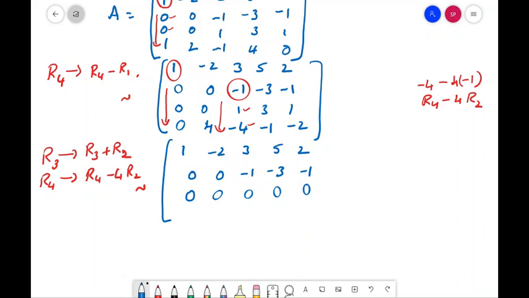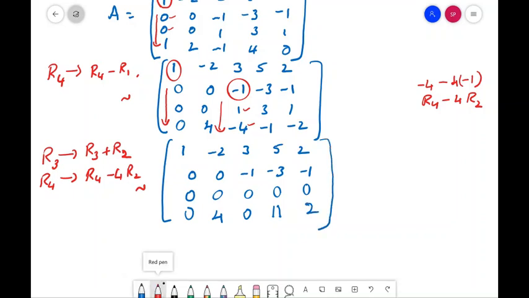Then R4 minus 4R2: this is already 0, 0 minus 4 times 0 is 0, then 4 minus 4 times 0 is 4, then minus 4 minus 4 into minus 4 plus 4, 0, and then minus 1, minus 4 into minus 3 is 12, 12 minus 1 is 11, and then minus 2, minus 4 into minus 1 is plus 4, and minus 2 plus 4 is 2.